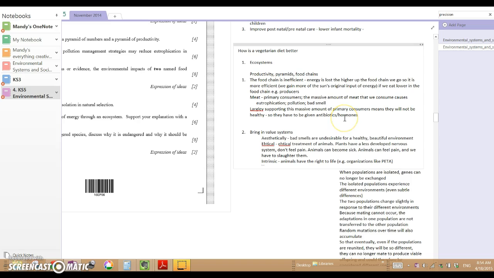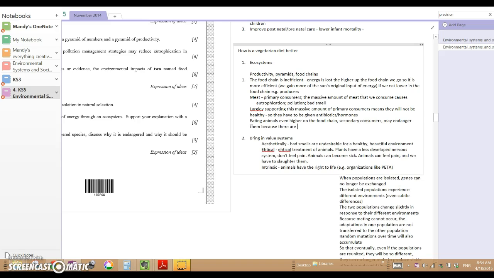One thing I would add to this, possibly could get a mark, but eating animals even higher on the food chain, predators, secondary consumers, may endanger them because there are less of them, e.g. eating a tiger. Okay, very, very bad for tiger populations who simply don't have enough. Okay, give it a go.